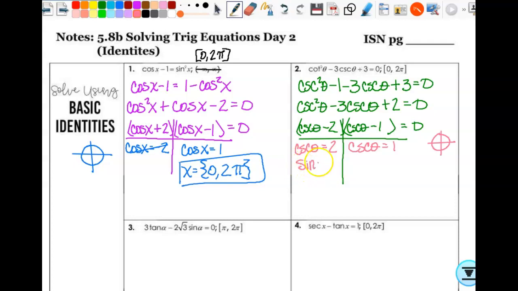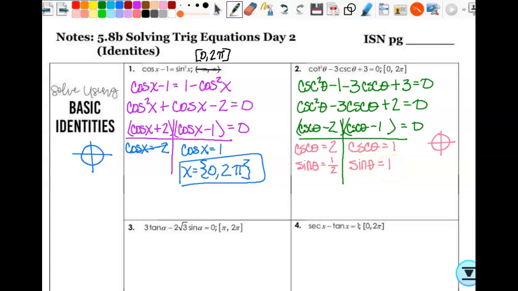So I'm going to get sine theta equals 1/2, and sine theta equals 1. Okay. Hang on. I just cannot write this correctly.